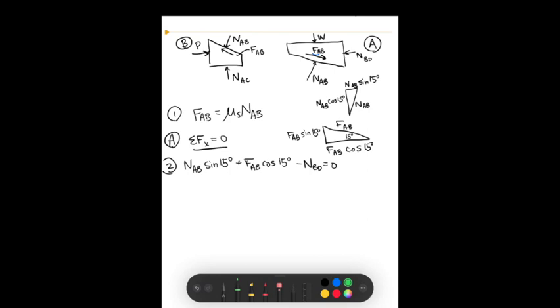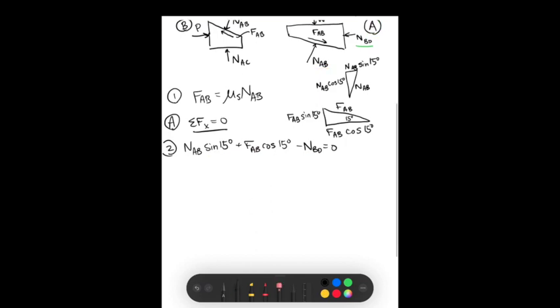So looking at this diagram here, in the x direction, we have this force. We have the x component of the friction, and we have the x component of this normal force. We'll get our next equation from the y equilibrium of that diagram.